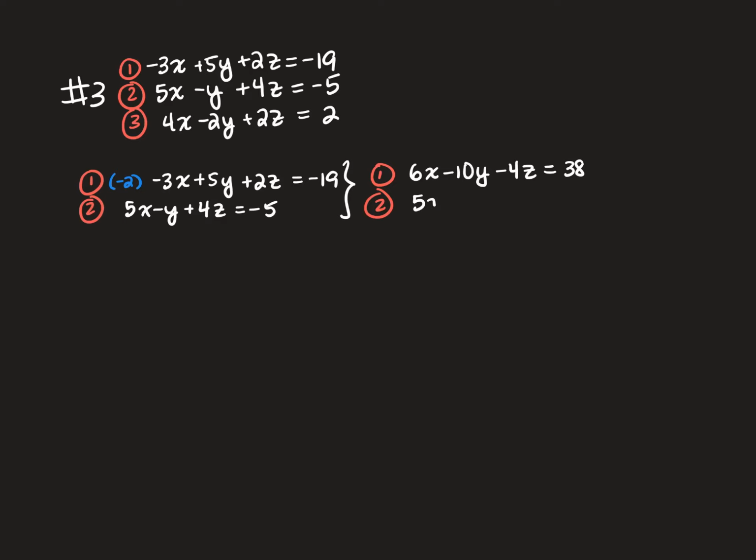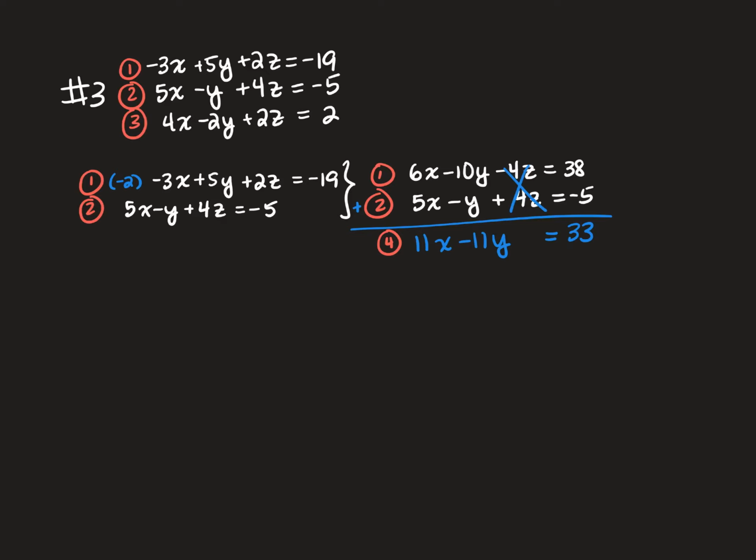And then the bottom equation just stays as is. And then what's nice is that I have the same coefficient in front of z, one positive, one negative, so I can add those two equations together to eliminate z. And that's going to give me 11x minus 11y equals 33. And we'll call that equation 4.